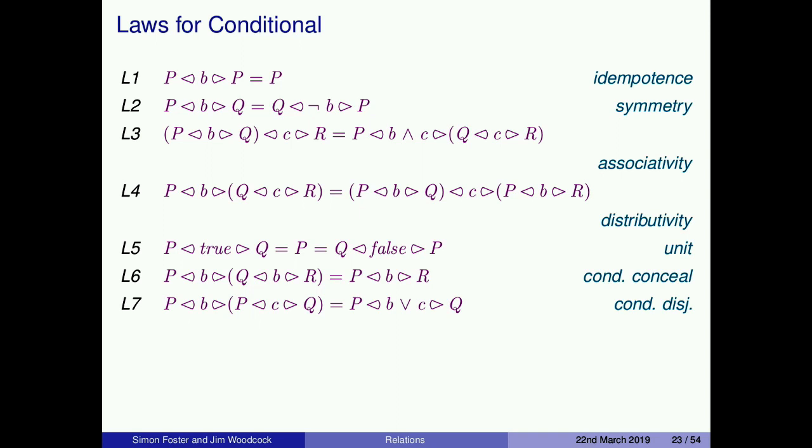You can never get to Q. And so this kind of law is useful for doing program analysis, right? Because if you have such a program where you have this unreachable branch, then probably you've made some kind of mistake, or you've got code there that can never be reached. So this is why these algebraic laws are useful.